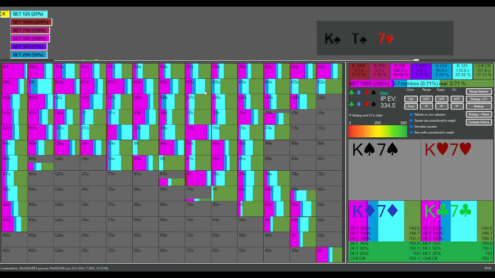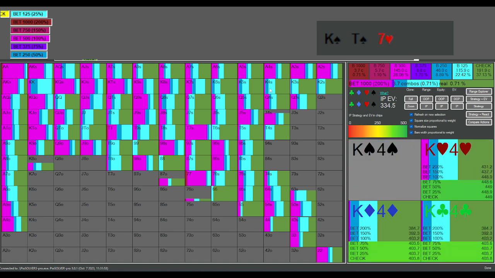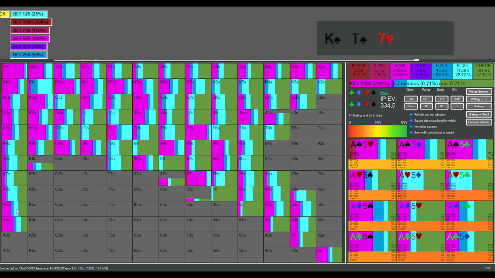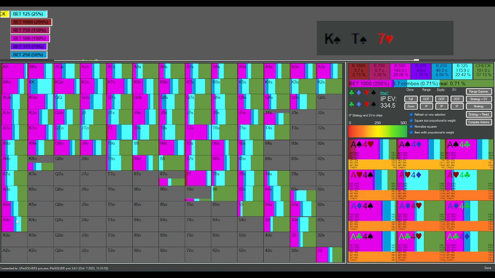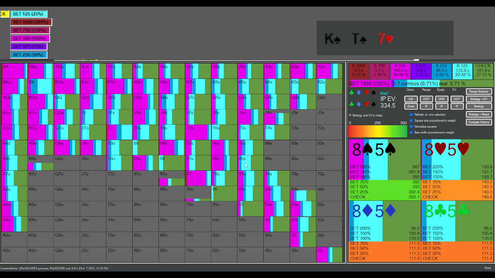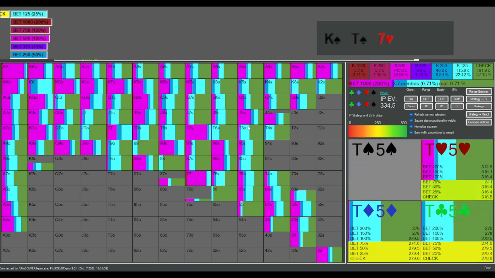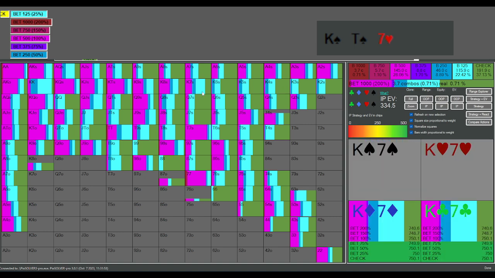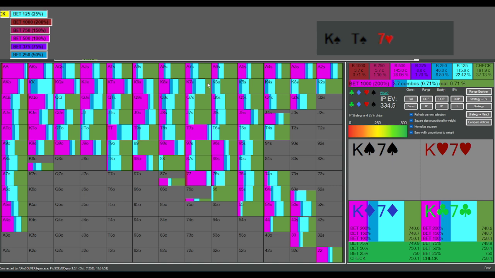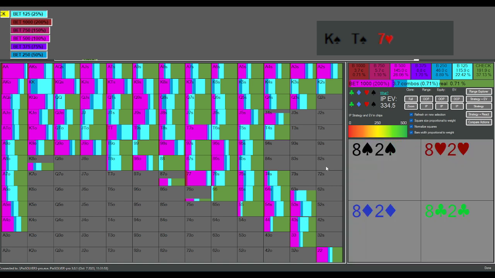So for instance, they're going to be betting a shitty king way too often, whereas they're going to be checking back ace 5 off or ace 4 off too often, or checking back 8-5 too often. So when they do check back, it's not nearly enough top pair or good middle pairs or something. It's just going to be way too much air.